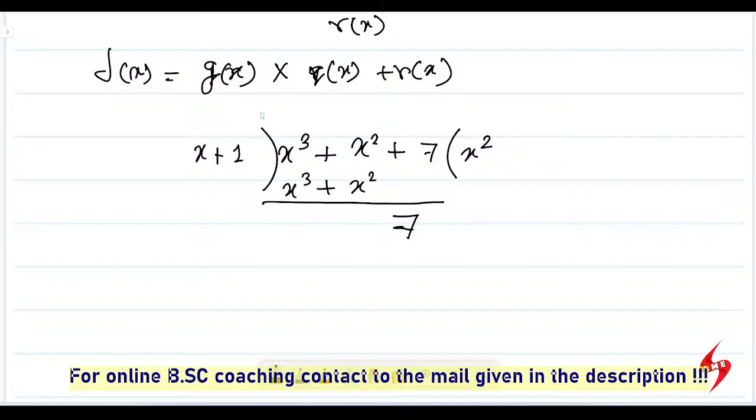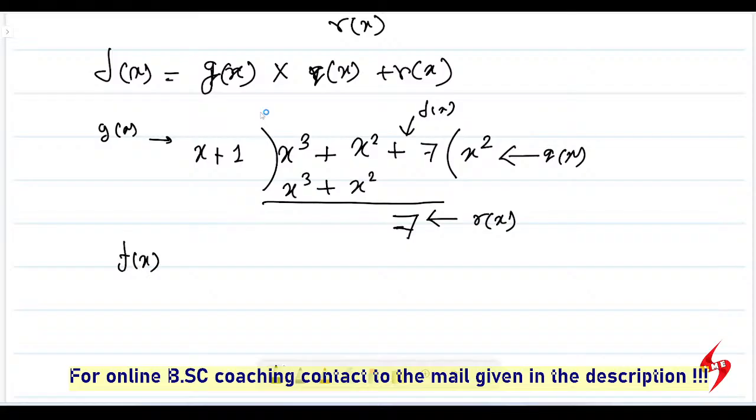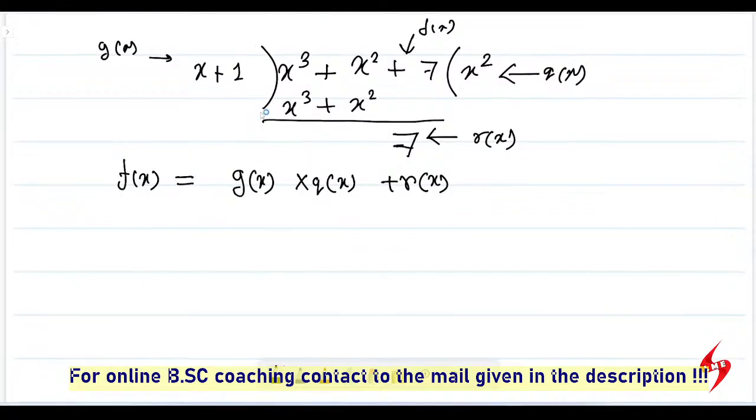So if this is my f of x and this is my g of x, and this is q of x and this is r of x, then definitely f of x equals g of x into q of x plus r of x.